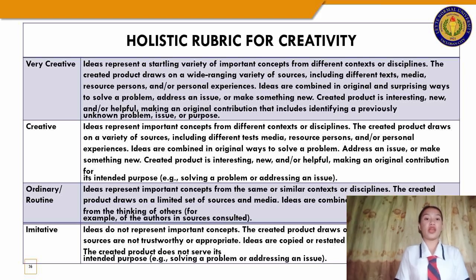Now, moving down to creative, we still want ideas from different contexts, drawing on various sources. The combination of ideas should be original and contribute to its intended purpose, like solving a problem or addressing an issue. So now, as we go down these levels, we get to ordinary, routine, and finally imitative. These levels represent decreasing levels of creativity, with ideas becoming more routine or imitating existing resources.